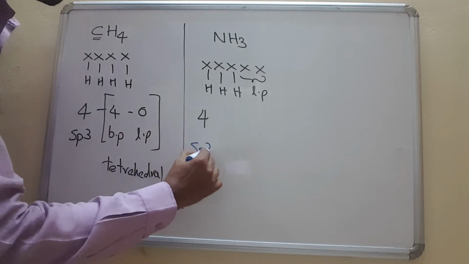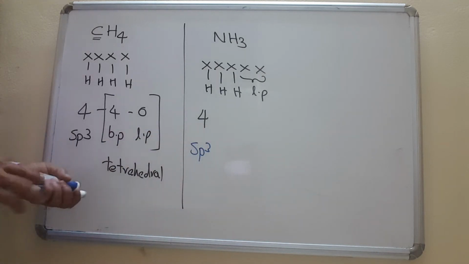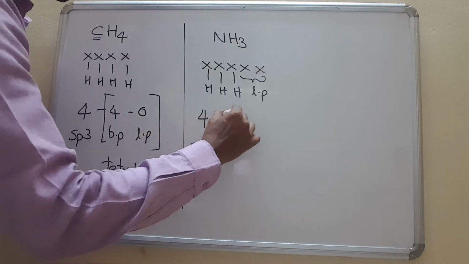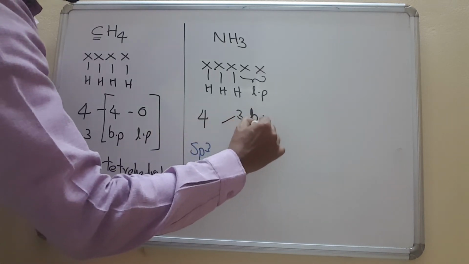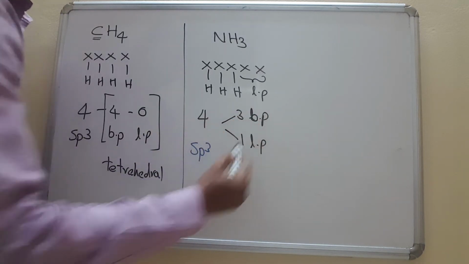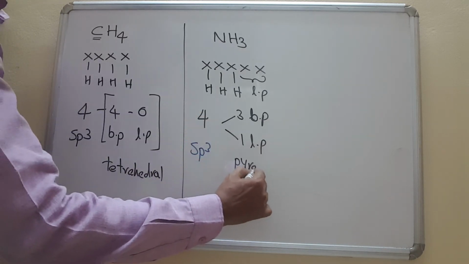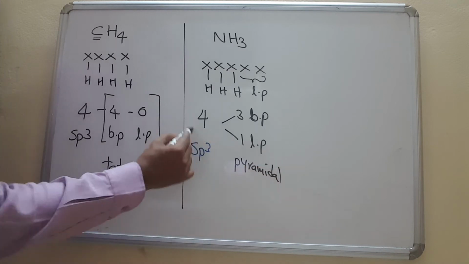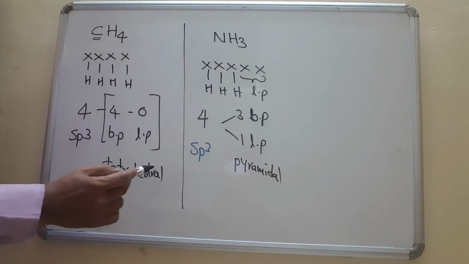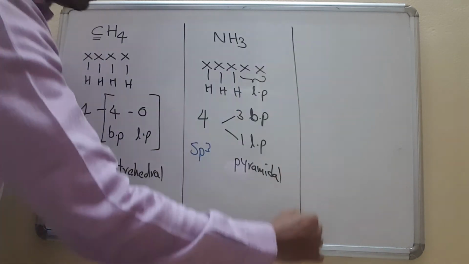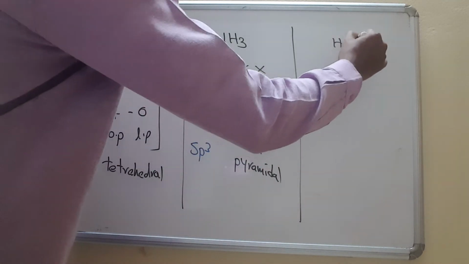It doesn't change. Among the 4 pairs, there are three bond pairs and one lone pair. So the shape of the molecule is pyramidal. See the table: total pairs 4, 3 bond pairs, 1 lone pair, that is pyramidal.